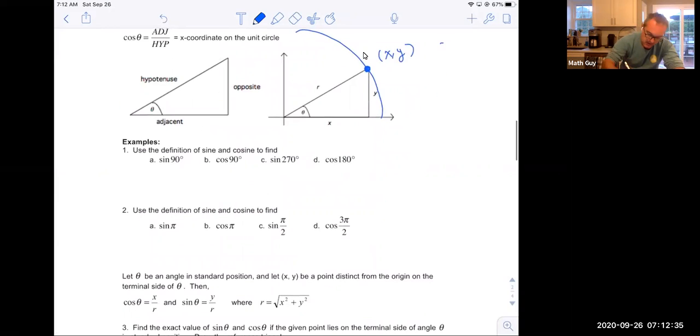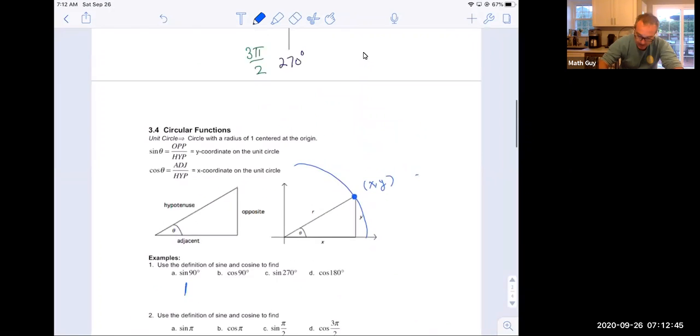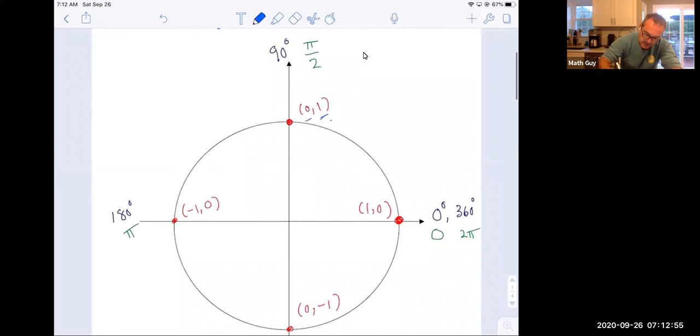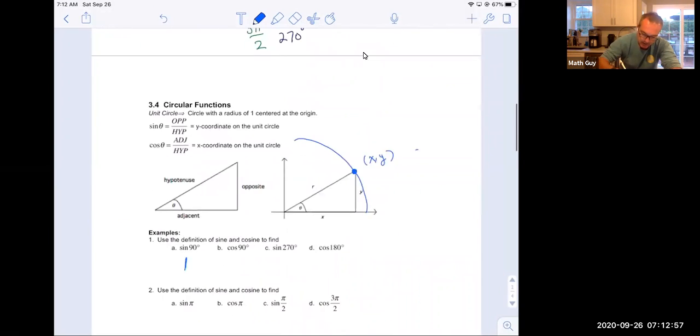It's actually just that easy. Sine is the y, cosine is the x. That's kind of the first lesson here. On your desk, I would have the unit circle on one side and the problems on the other. If I want the cosine of 90, cosine is the x-coordinate. So cosine of 90 would be 0.